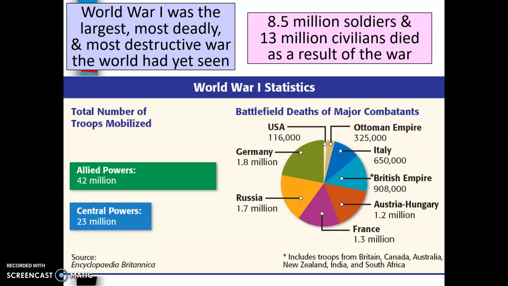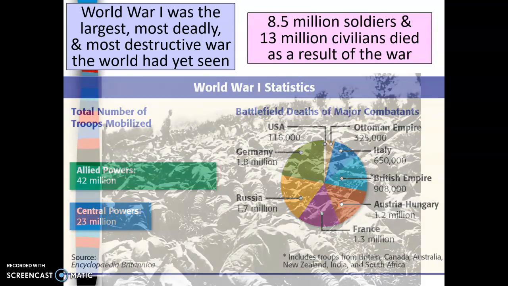And we also see that, in the case of Britain, this is going to include troops from a number of places, including India, South Africa, Australia, New Zealand, etc. So lots and lots of societies across the world affected by this loss of life. All in all, about 8.5 million soldiers and 13 million civilians die as a result of the war.